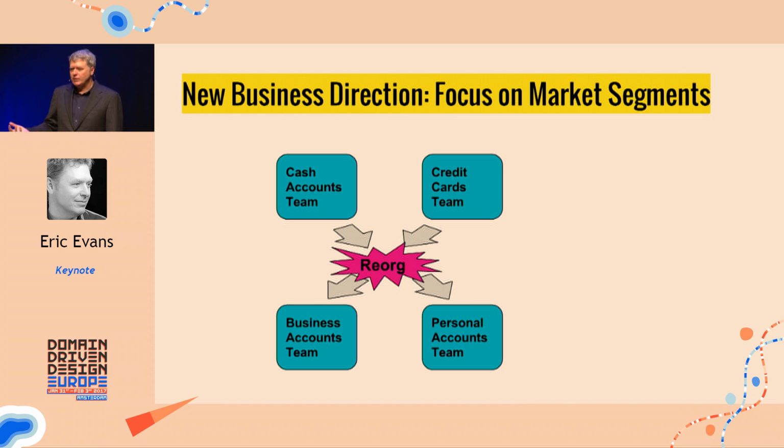The way we interact with the customer is different. The way we market it is different. The kinds of things these people need are different. So let's reorganize. And so we create a team that's focused on business accounts and a team that's focused on personal accounts.